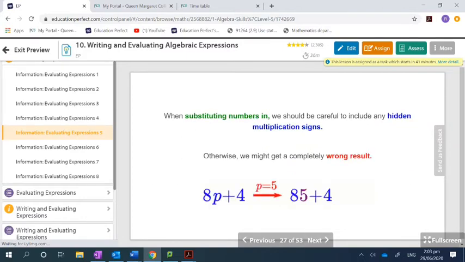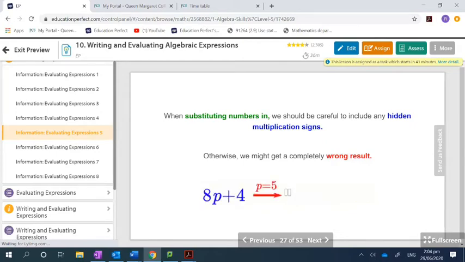Now, make sure that you're substituting numbers. Remember I told you that you're never allowed to substitute a number without putting it in a bracket. If you do, then you change the process, the operation. So look at this one. 8p plus 5 when p equals 5 is 8 times 5. They didn't use a bracket, they used a multiplication. I would prefer that you use a bracket.